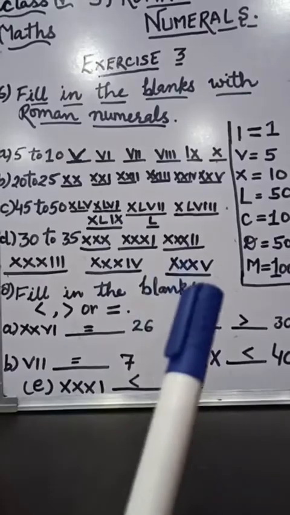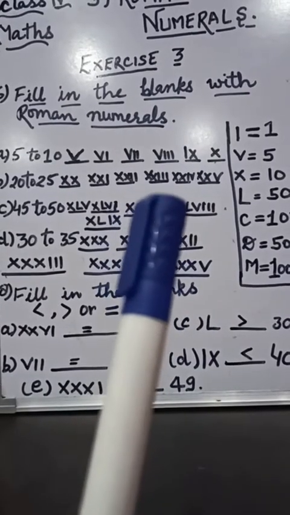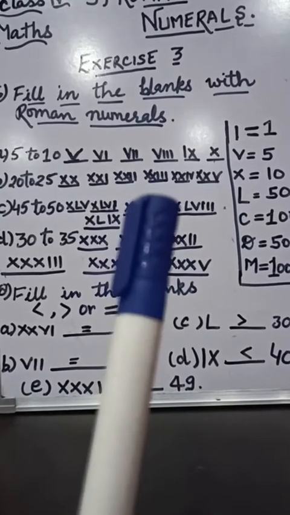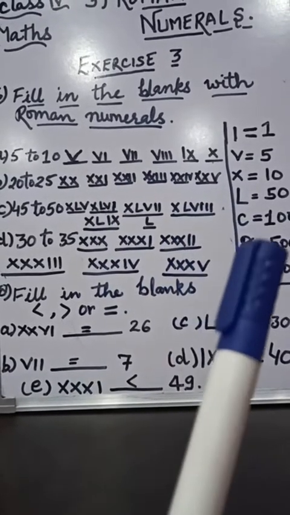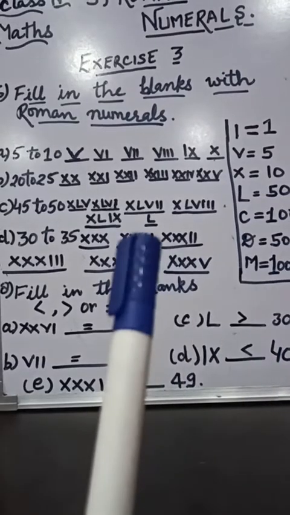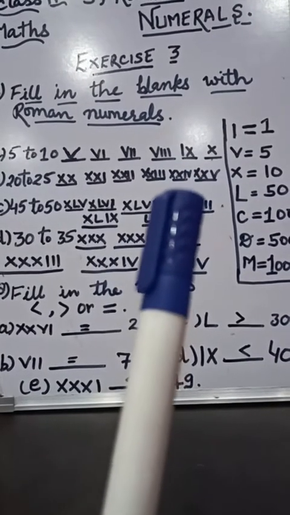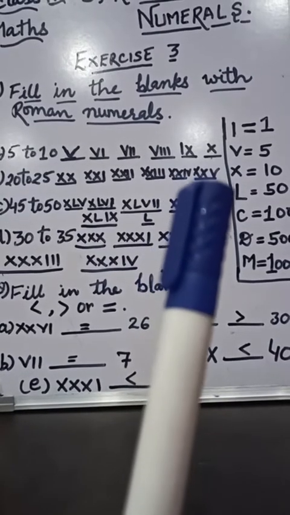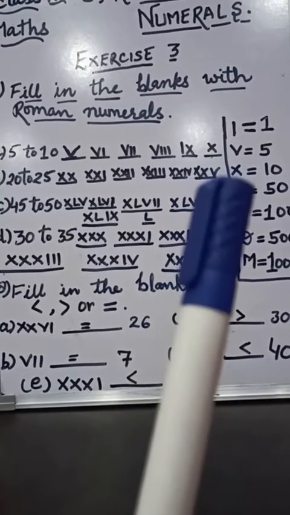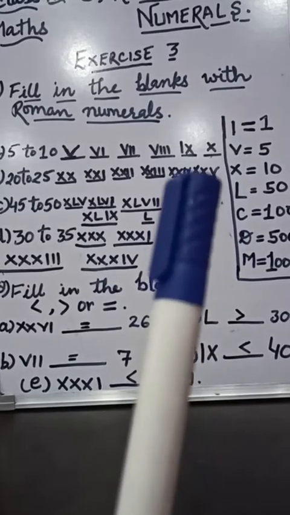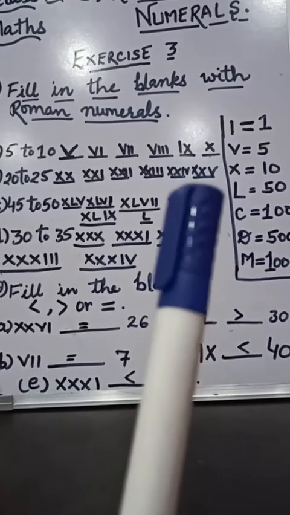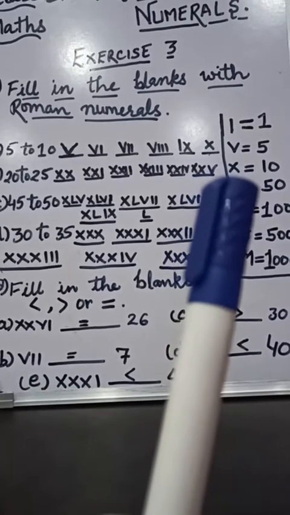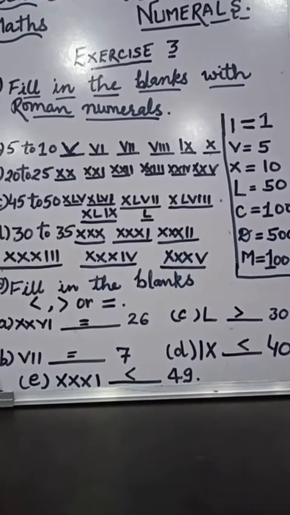Then 23, XXIII, means X 2 times, that is 10 plus 10 plus 1 plus 1 plus 1. Now 24, XXIV. Now 25, XXV. 10, 10, 5. Clear all of you?